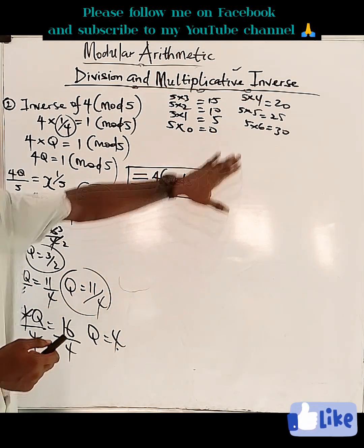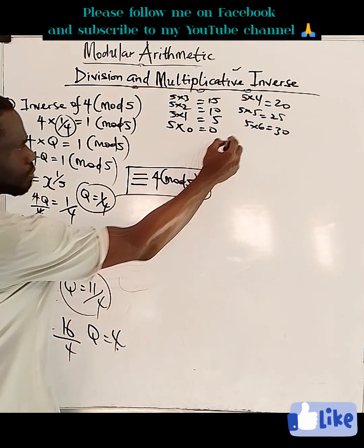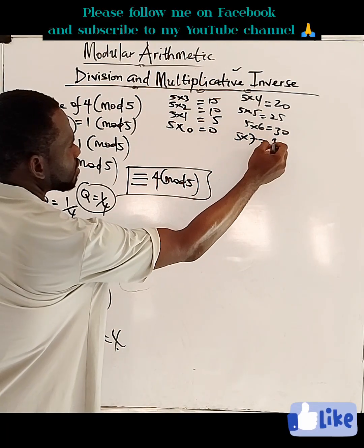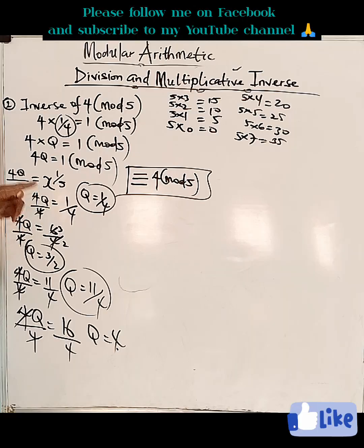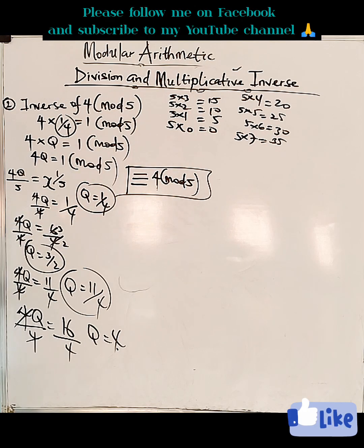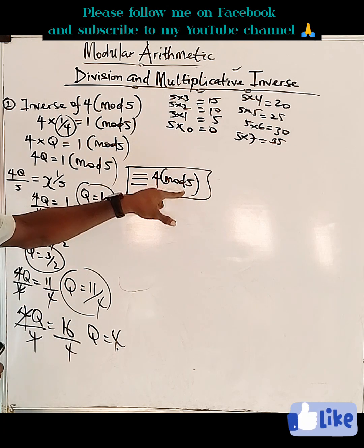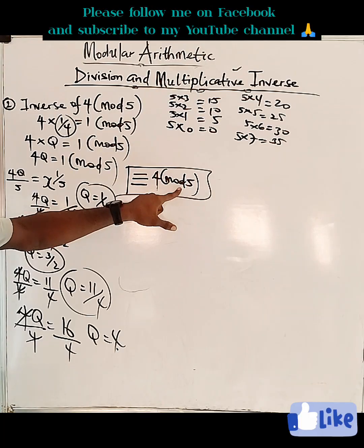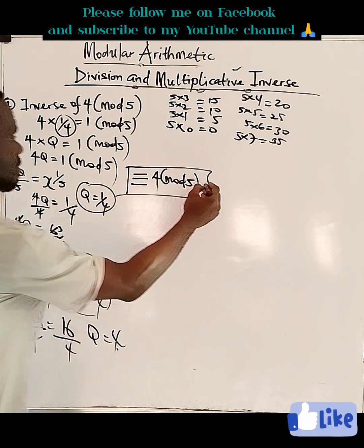When you check other values, let's say 5 times 7, 35. 35 plus 1 is 36. So 4q equals 36, so q is 9. But we can't use 9 modulo 5 because it's bigger than 5. So it's not only 4 modulo 5 that could be the result, 9 also could be, but it's not feasible because the number we are talking about should not be up to the modulo or more than the modulo. So this is a perfect result.